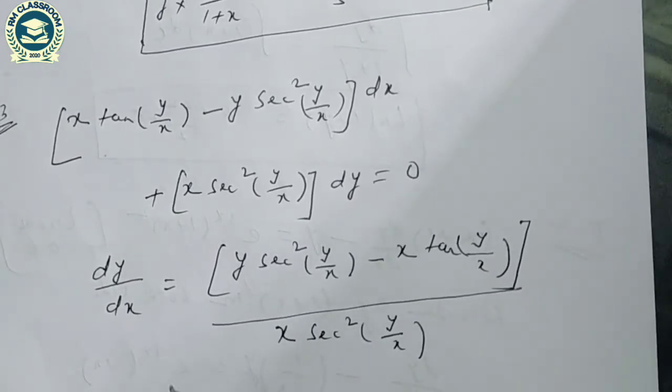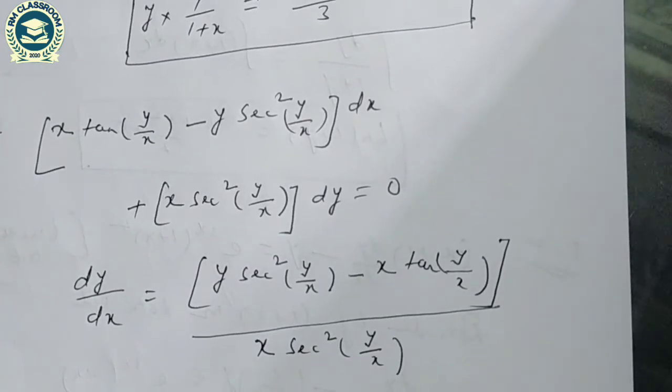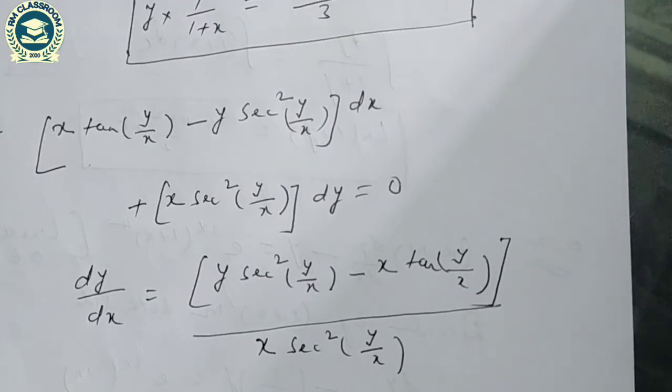So dy by dx is equal to y sec square y by x minus x tan y by x divided by x sec square y by x.